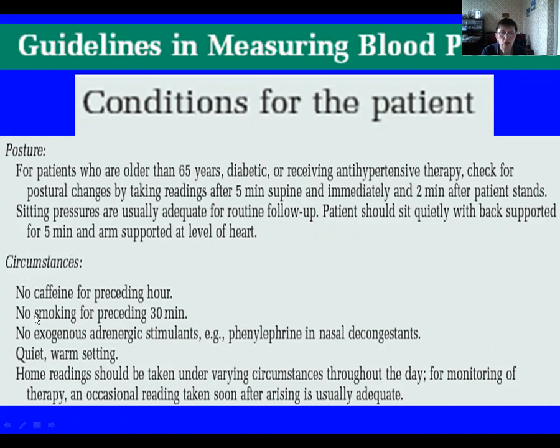It is very important not to use coffee for the preceding hour, no smoking for 30 minutes, and no use of stimulants like drugs, for example, epinephrine or decongestants. Then you may take home readings under different circumstances throughout the day.